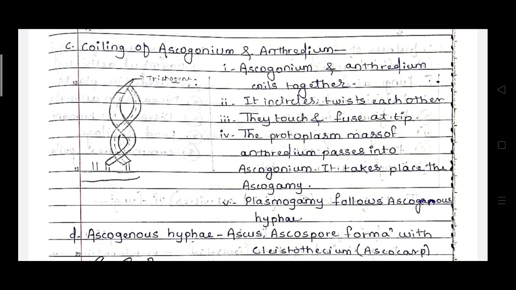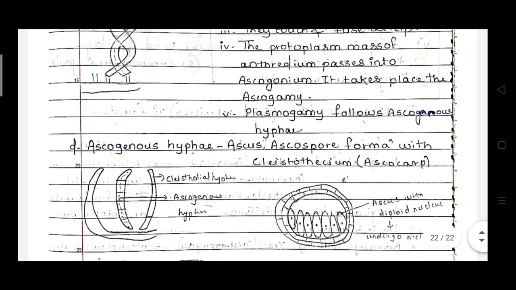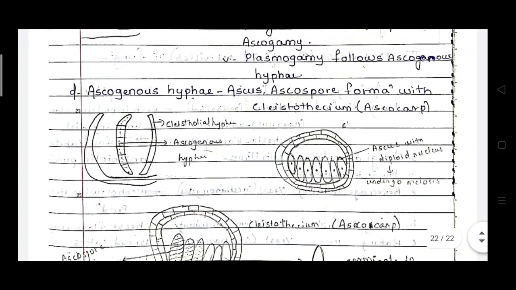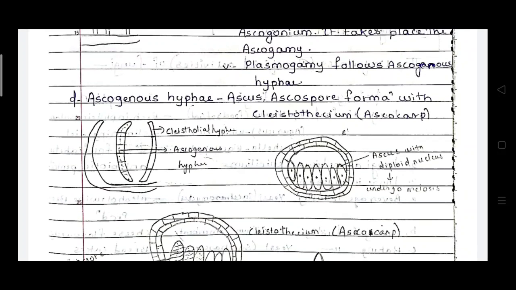Plasmogamy takes place and they produce the ascogenous hyphae. This ascogenous hyphae produces the asci and ascospores within the cleistothecium, that is the ascocarp.